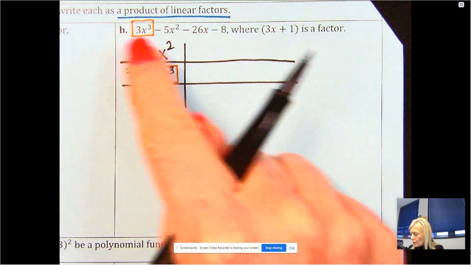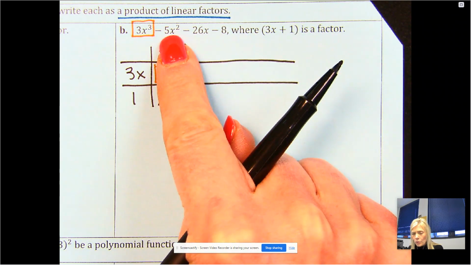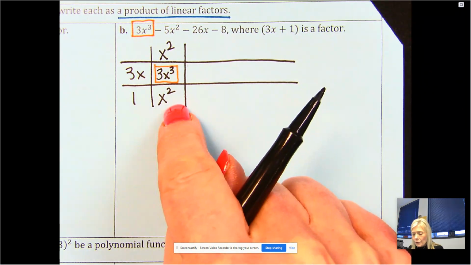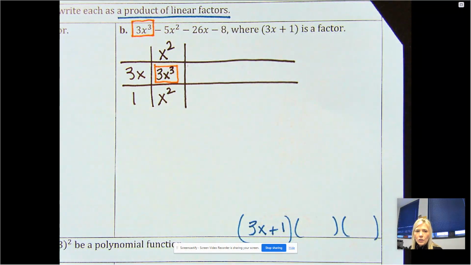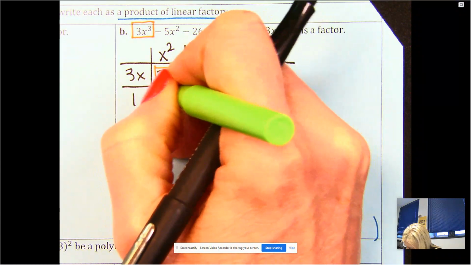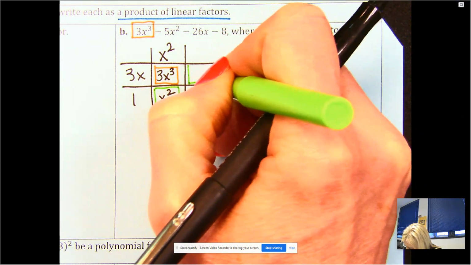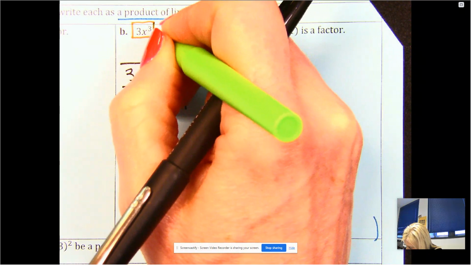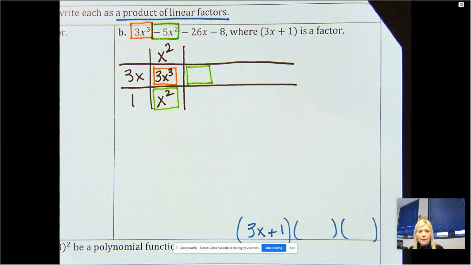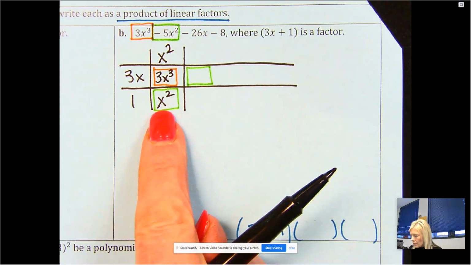Okay, so it's really tempting to put negative 5x squared in the next spot because that's our next target. But we already have x squared. So this box and this box have to total negative 5x squared. Okay, so this is 1x squared.